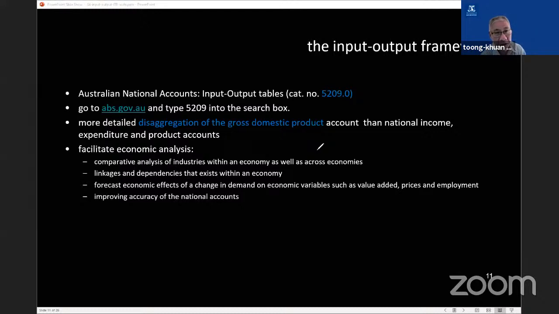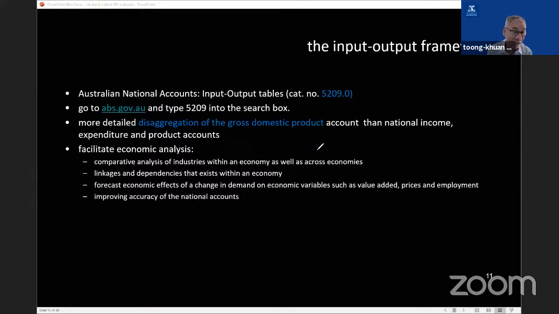So if you think about construction, as Pak Budi mentioned earlier, construction buys timber, construction buys steel. So those two materials come from the manufacturing industry. And we can then work out exactly how much timber and how much steel is bought from manufacturing, okay?